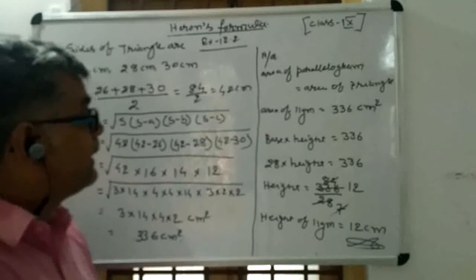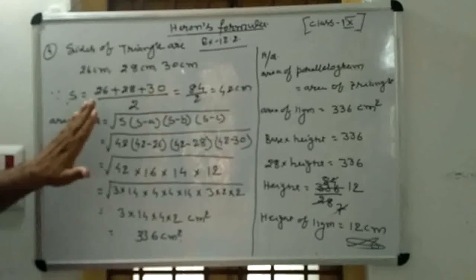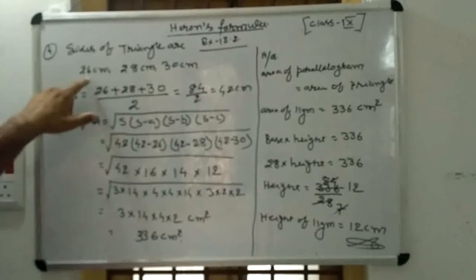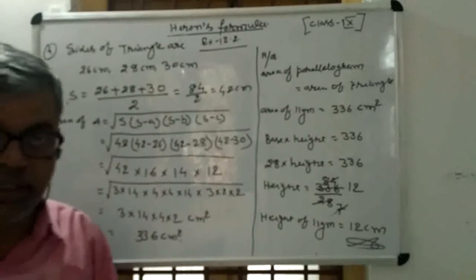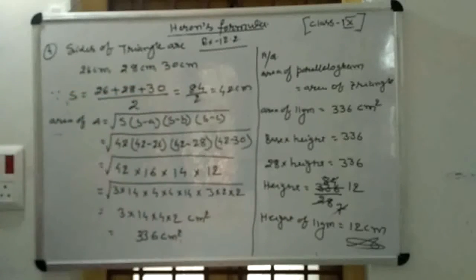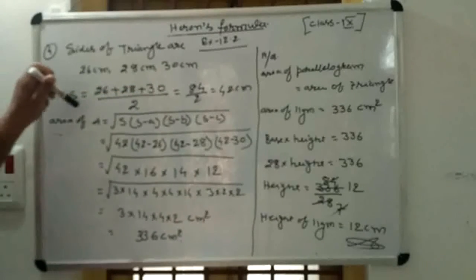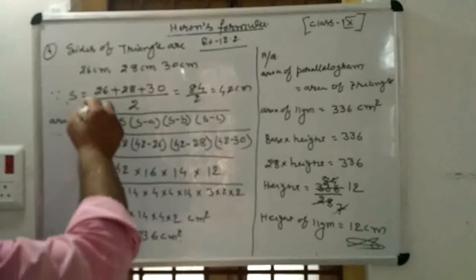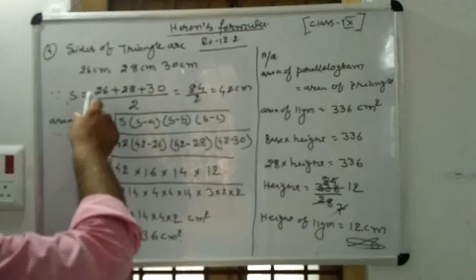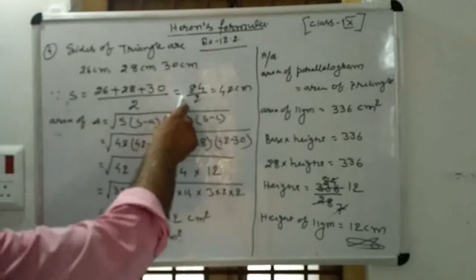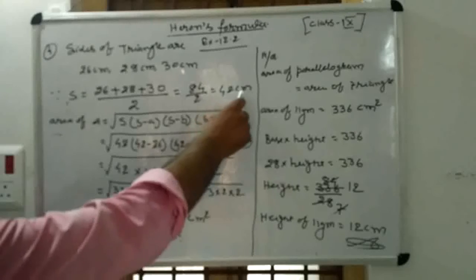So to calculate it, first we calculate the area of the triangle. We have all three sides of the triangle, which are 26, 28 and 30. So first we calculate the value of S, that is semi-perimeter. And the semi-perimeter will be 26 plus 28 plus 30 by 2, which is 84 by 2, that is 42 centimeter.